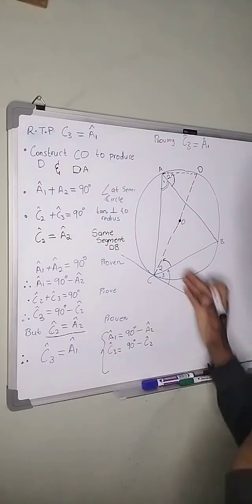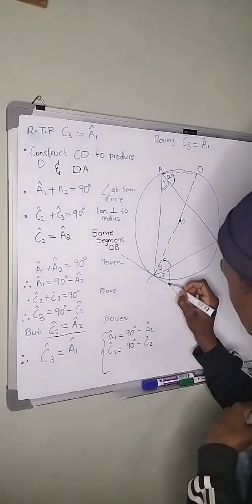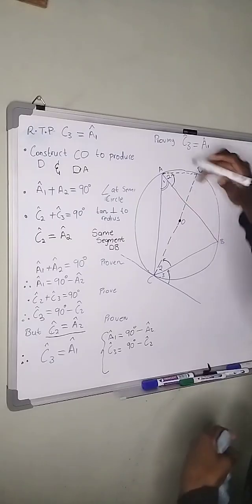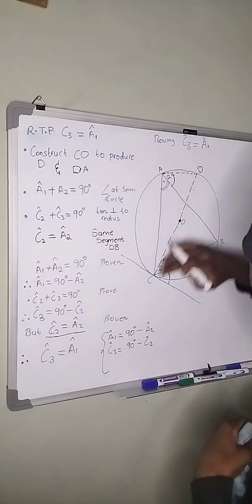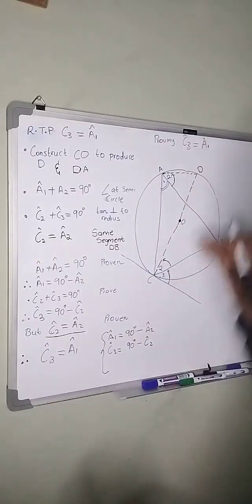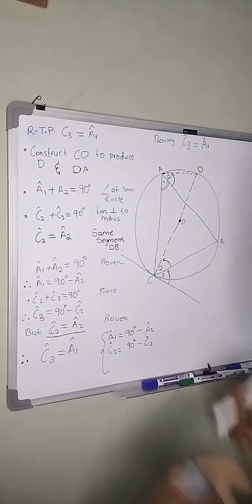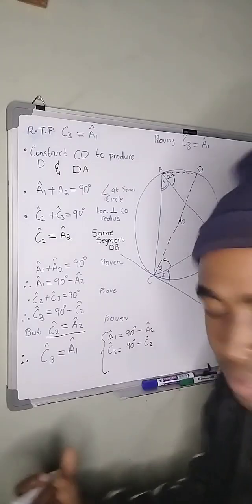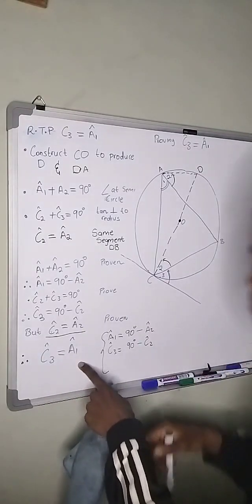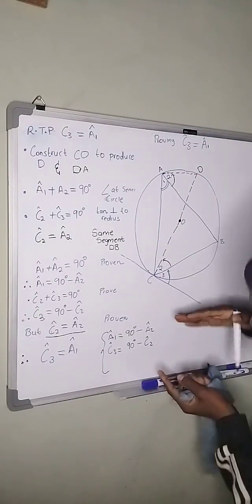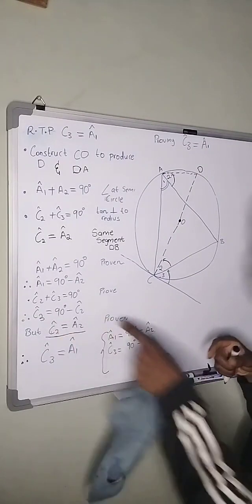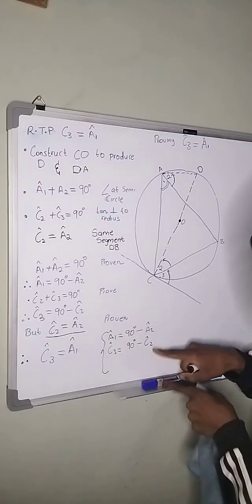This is the theorem. Here is my C3, and here is my A1. If I remove the construction, I've proven the theorem. So this C3 is going to be equals to A1. If I take this statement, C2 is going to be equals to A2. C2 and A2, they are the same thing.